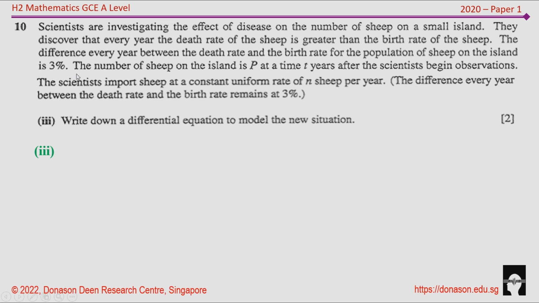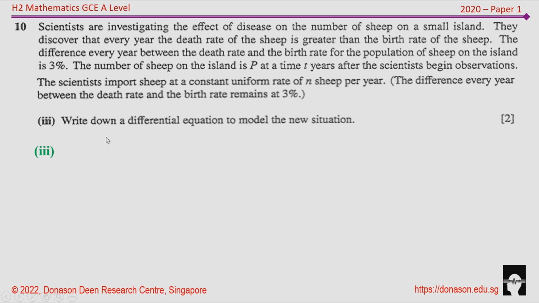But this time the number of sheep on the island is p at a time t years after the scientists began observation. But here is the difference: the scientists import sheep at a constant uniform rate of n sheep per year. That means every year they're going to bring in n sheep. The difference every year between the death rate and the birth rate still remains at 3%.